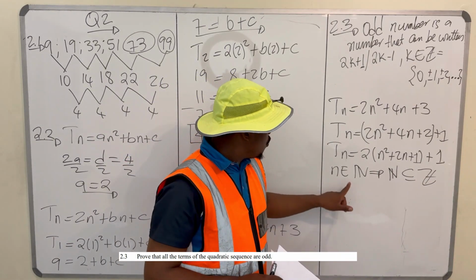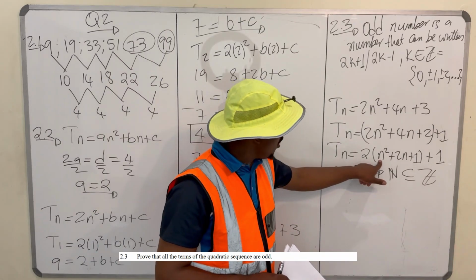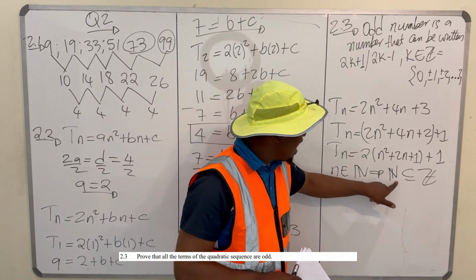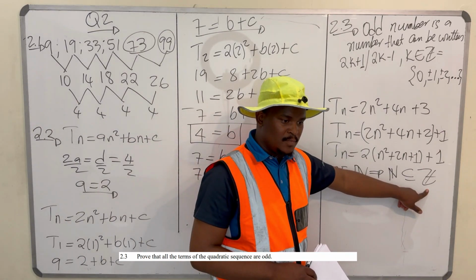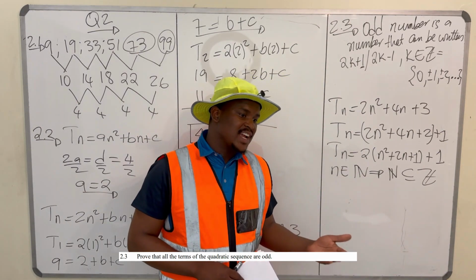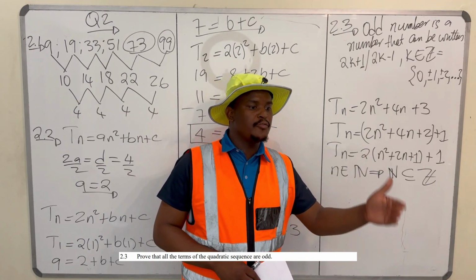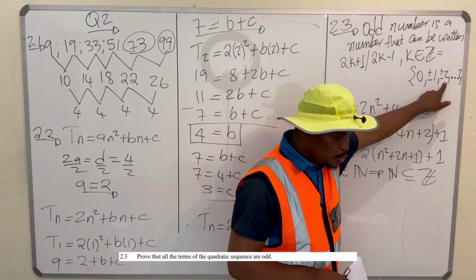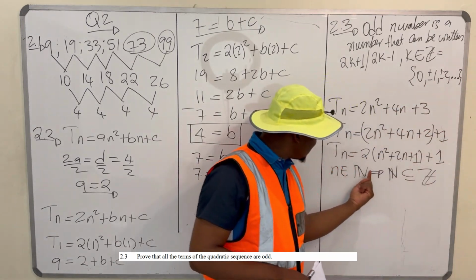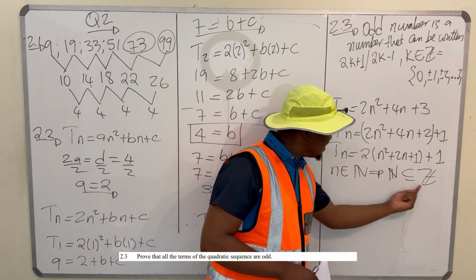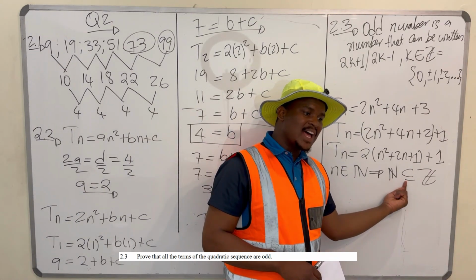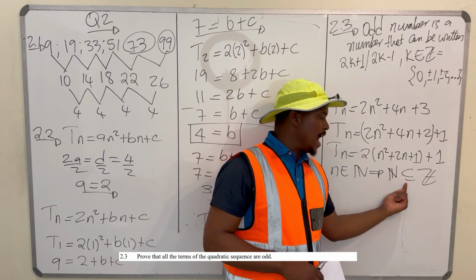So n is a natural number, and the natural numbers are inside your integers, because the natural numbers are everyday counting numbers: 1, 2, 3, 4, 5, going forward. But look at the integers, they have 1 as well, they have 2 as well, going forward. So this set of natural numbers is inside the integers. This symbol means inside; it's a subset, or contained.